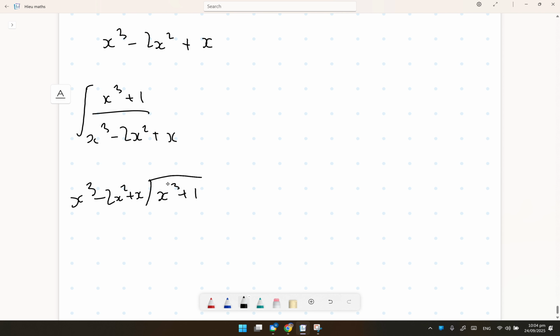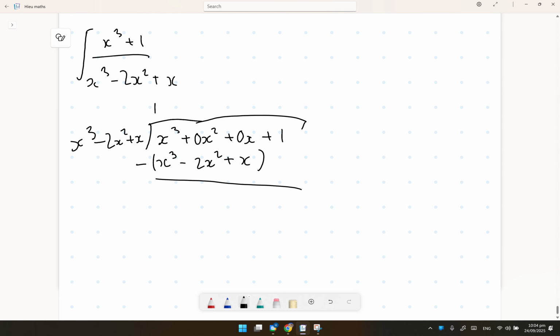So we multiply by 1, because we just want to subtract this expression multiplied by 1, which is simple, so it's just x cubed. Let's write this out with all the slots: minus 2x squared, and then plus x, and that's it.